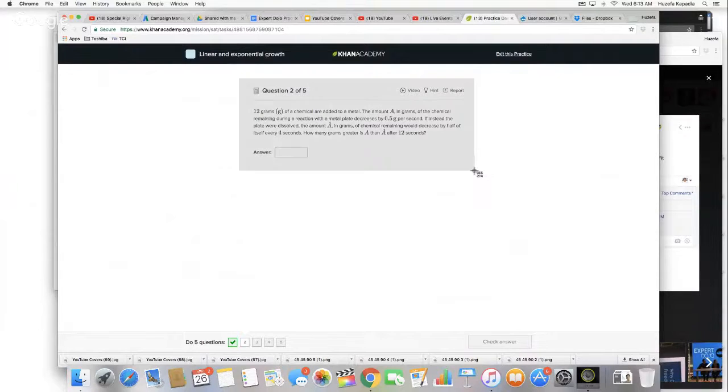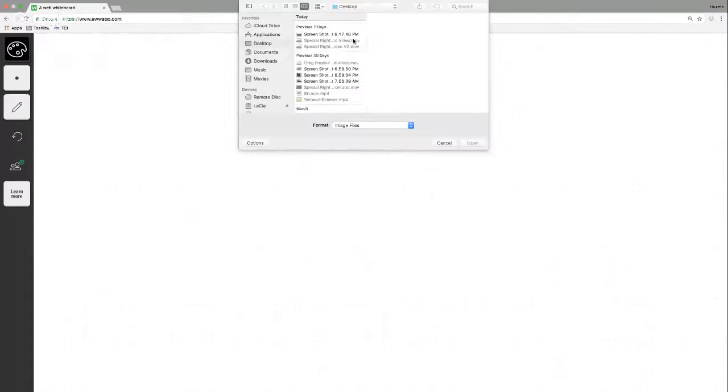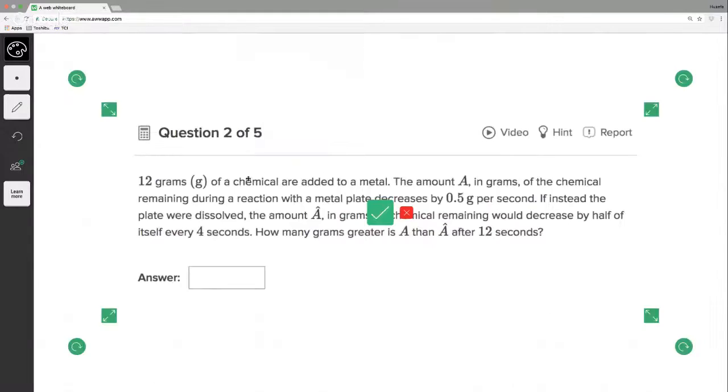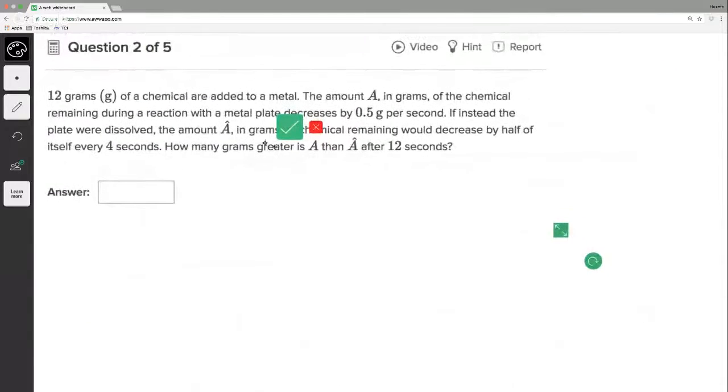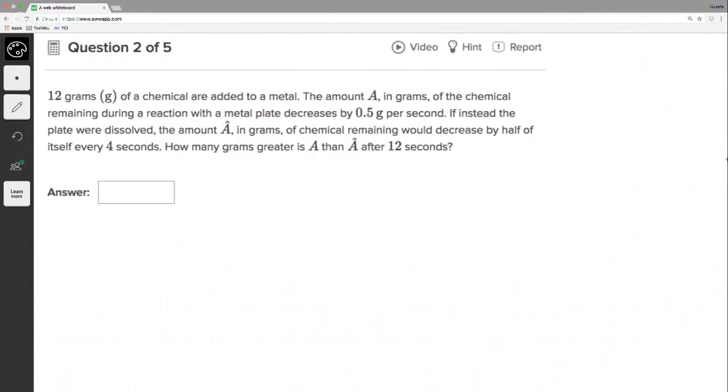Question 2. Let's load it up here. And we've got, oh, this one came out nice and big. It's going to be very legible. It says, question 2 of 5, 12 grams of a chemical are added to a metal.